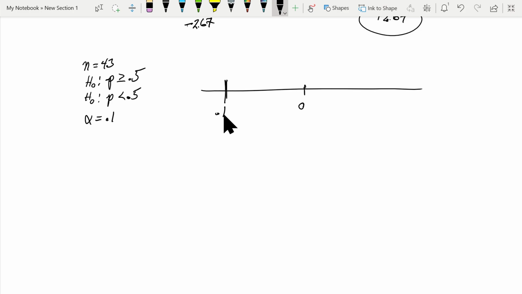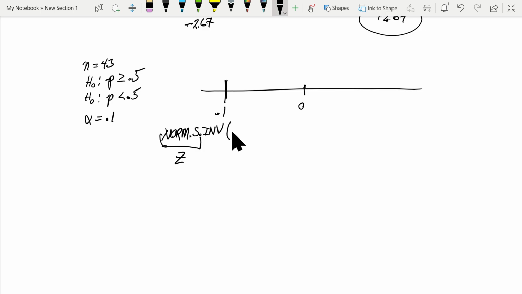It's a proportion. I use a z value. I don't use t.inv. I use norm.s.inv. Think of this as z.inv instead of t.inv.